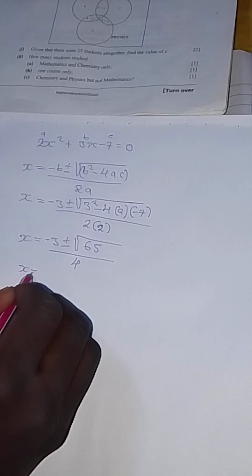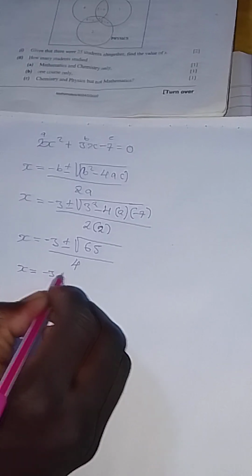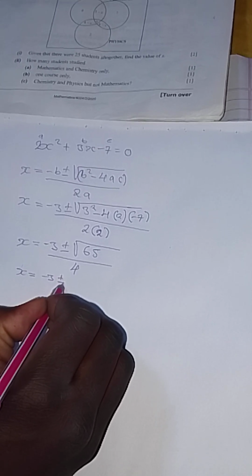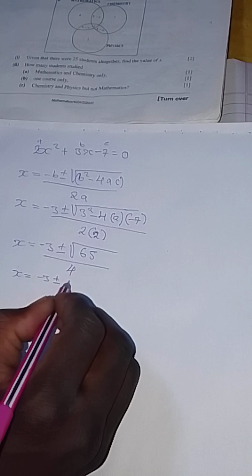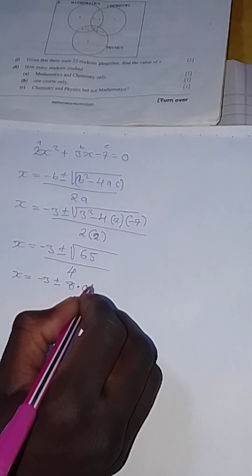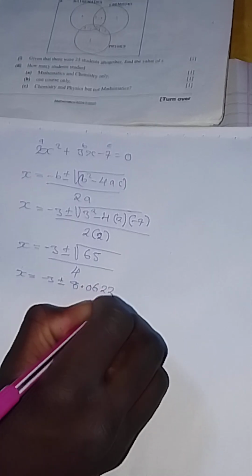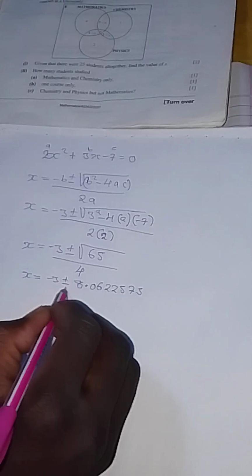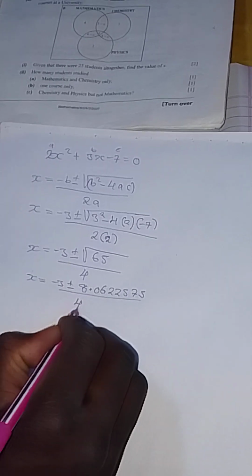So we are going to have x = -3 plus or minus the square root of 65. If you punch on the calculator, it is giving us 8.0622575. Then you divide this by 4.